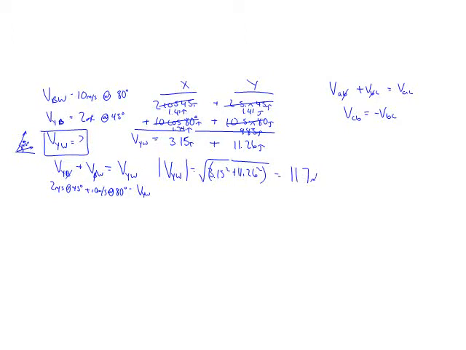Then put your unit on there. And then we have to find the angle of this thing, tangent inverse of y over x. Now, they're both positive, so there doesn't need to be an adjustment. It's already perfect, just the way it is. So tangent inverse of 11.26 over 3.15 gives us 74.50 degrees.